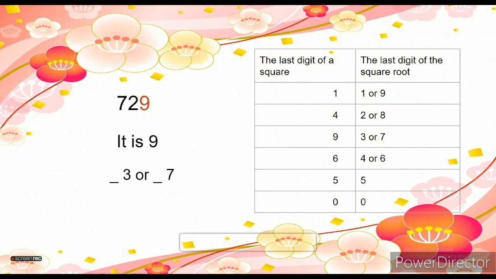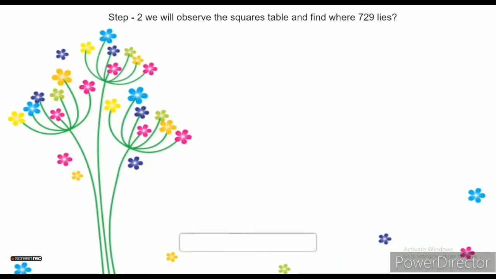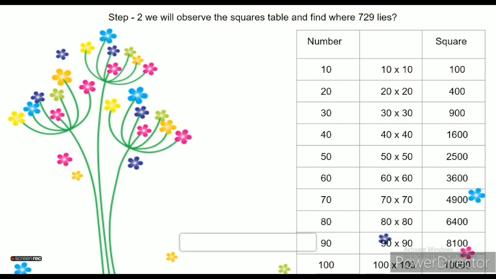Now, in the second step, we will find out where the 729 lies in the square table. This is the square table and we will observe where 729 lies.